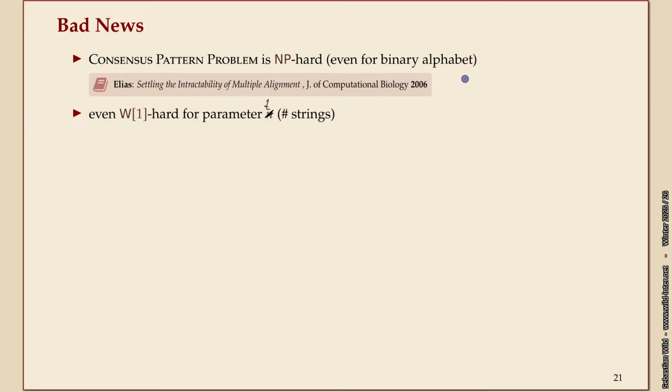And well, for the complexity theory people, even hoping for a fixed parameter tractable algorithm in the number of strings is not going to work, very likely. No proof, but complexity theory assumptions aside, we shouldn't hope to find an exact solution to this problem in good time.